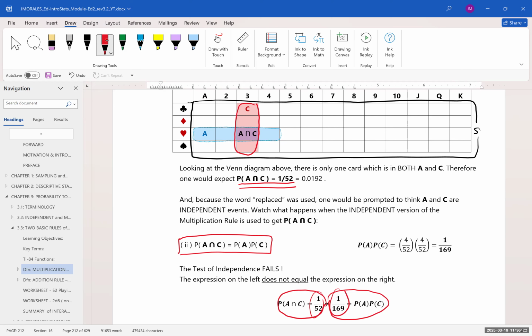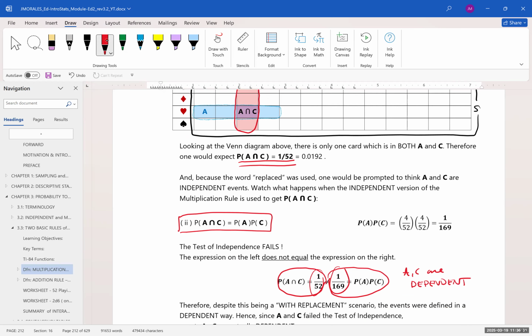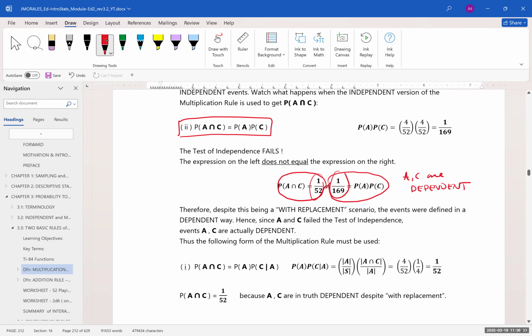So the way that A and C are defined here, A and C are dependent. So therefore, despite we've had with replacement, the events are defined in a dependent way. Hence, A and C have failed the test of independence.